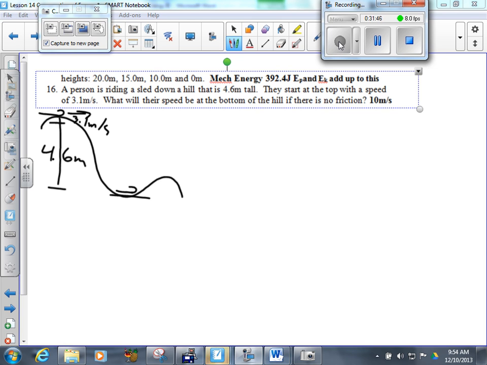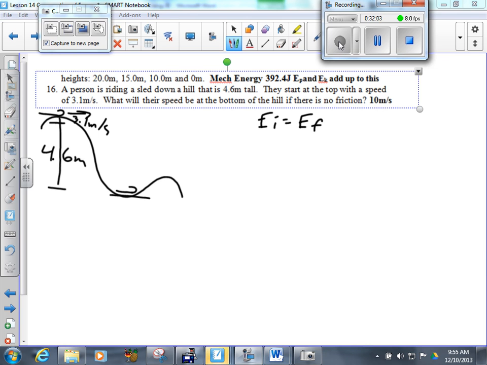What's the height down here? 0. Is the energy the same top and bottom? Yes. All right. EI equals EF. How do I know the energy is the same top and bottom? There's no mention of work or forces or distance anywhere in this question, is there?